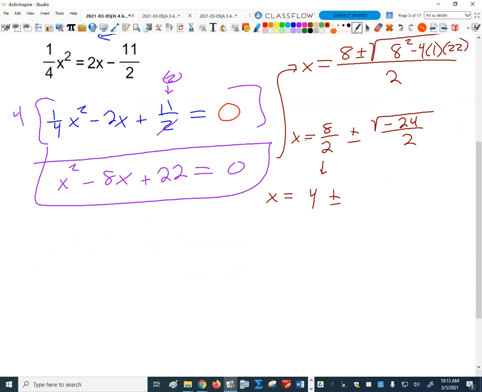Type in chat for me, please: simplify the square root of -24. For the square root part, you can just make it a 1/2 power, since the square root of something is the same as taking it to the 1/2 power.